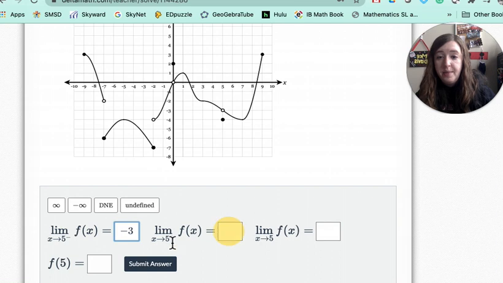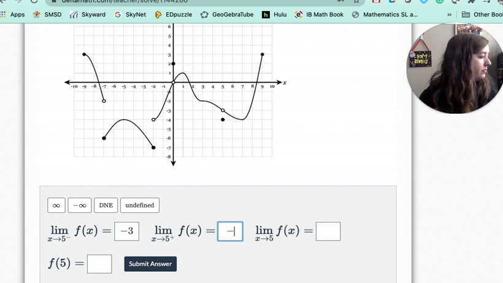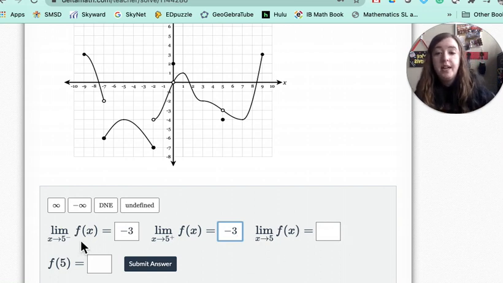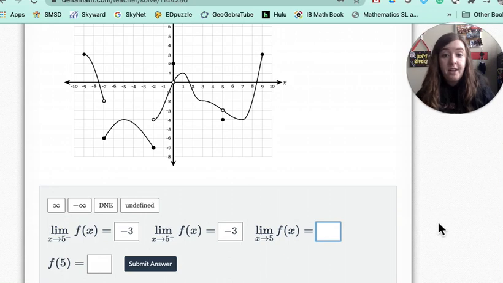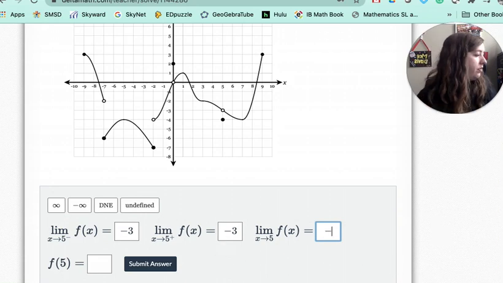Looking at the limit as x approaches 5 from the right, coming from the right, my graph is getting closer and closer and closer to the value of -3. Since my left-handed limit and right-handed limit match, my limit at 5 is going to have to be that value, -3.